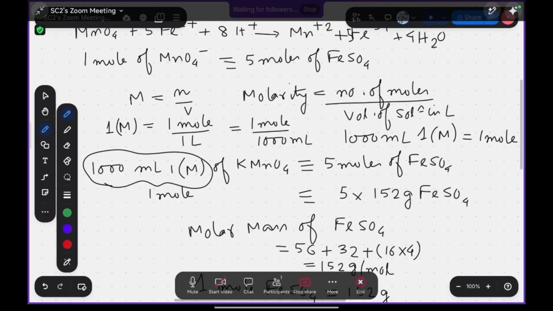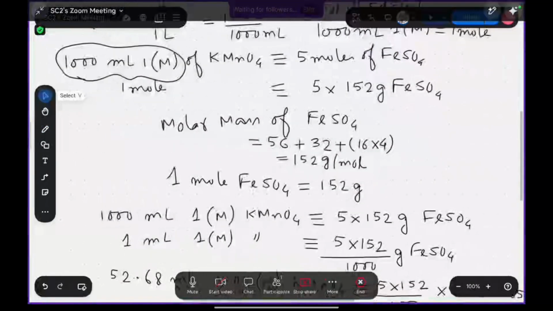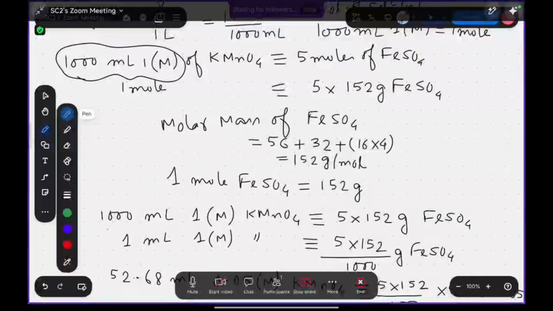Since you are asked to calculate the weight, I have converted the moles to gram. If 1 mole of ferrous sulfate is 152, then 5 moles means 5 into 152. So 1000 ml 1 molar KMnO4 oxidizes 5 into 152 gram ferrous sulfate.